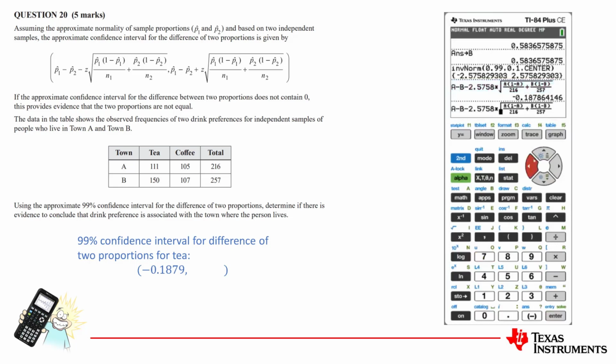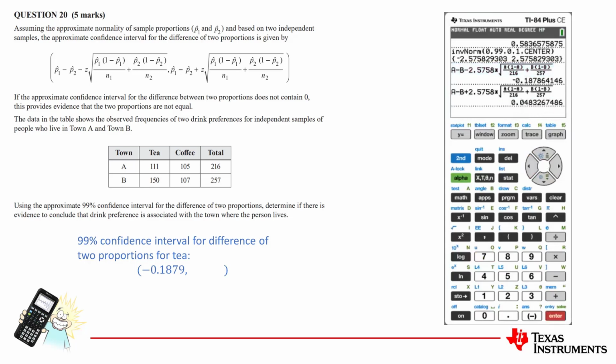So I'm going to change this to being plus 2.5758, and then hit enter, and this gives me 0.0483. So that would be my upper limit of my confidence interval.